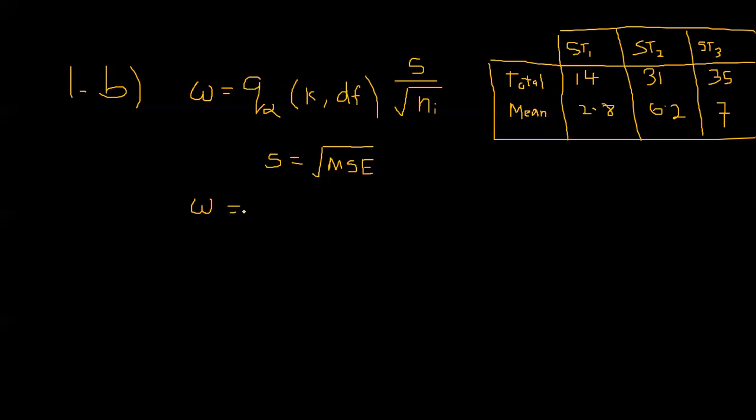So omega is equal to Q alpha. In this question, it refers to alpha 0.01, and then the value of K is equal to 3, and the degree of freedom is 12.